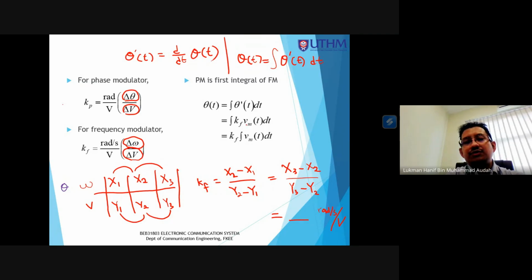From here, the integral of theta prime t is the integral of Kf vm t. Since Kf is a constant parameter, we can put it outside and integrate vm t. So vm t is a sine function. If you integrate a sine function, you get negative cosine, which we are going to see later after this.